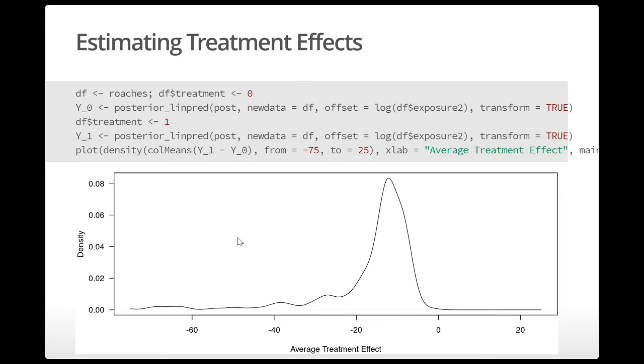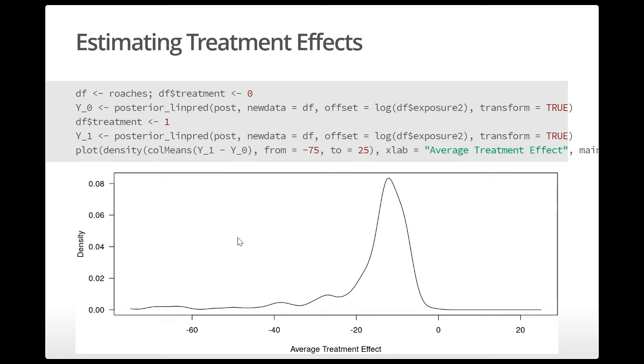Both Y0 and Y1 are going to be 4,000 by n matrices, or maybe they're transposed the other way. Anyway, I can average those over observations to get a posterior distribution of the average treatment effect, and then I can plot the density of that.